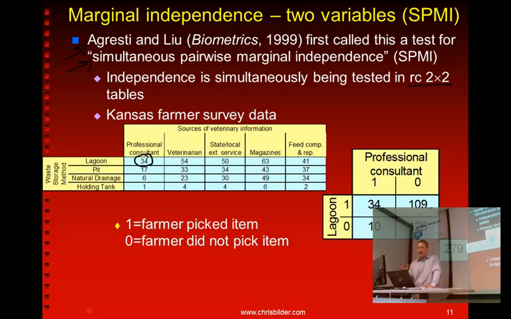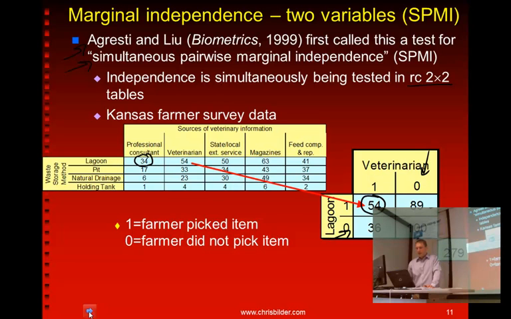I've written out not only that 34 response we see there, which would be a positive response to professional consultant and a positive response to Lagoon, but also the negative responses as well. And in fact, you could write out a table like this for all 20 cells in this table. You could write out a 2x2 version.